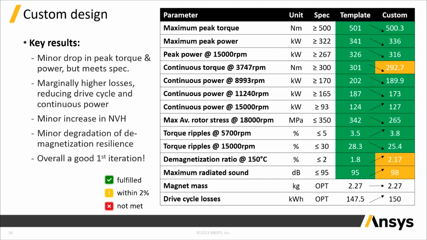However, overall, moving from this template geometry and customizing it for mechanical, we have a very good starting design from that point. Adding in these advanced features has made a small change, but overall we're very close to a final solution. And with another iteration, we could bring these requirements back into specification.